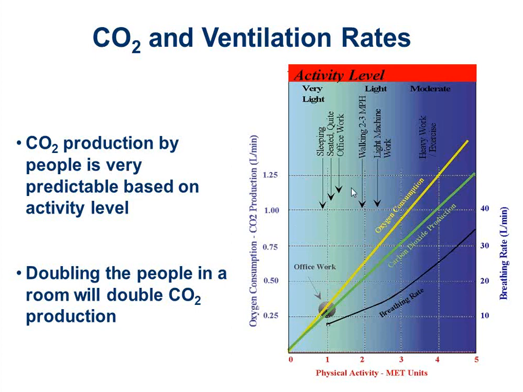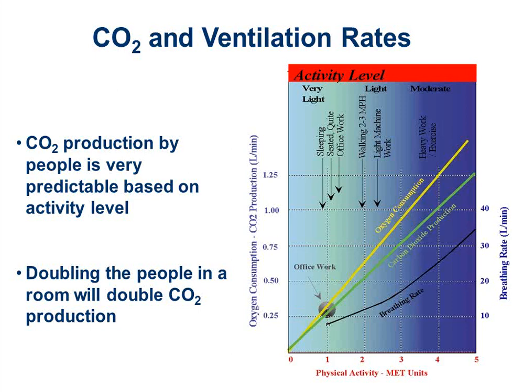So if you look on here at, say, office work, it looks like it's about maybe a 1.1 metabolic unit rate, and we're producing CO2 at a rate of maybe, I don't know, 0.3 liters per minute. If you look at sleeping, it's just slightly less than that. So basically, if you're sleeping at work, it's totally acceptable.